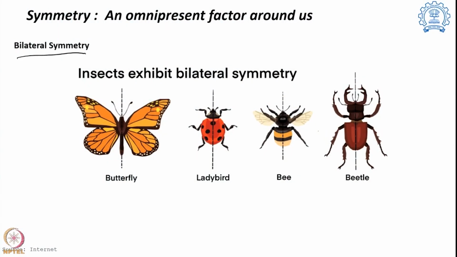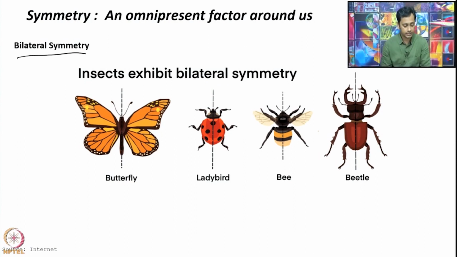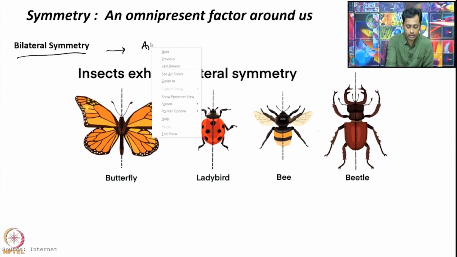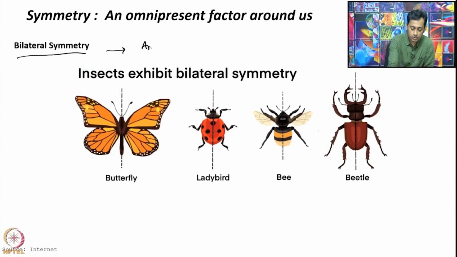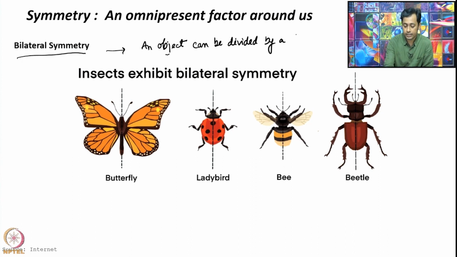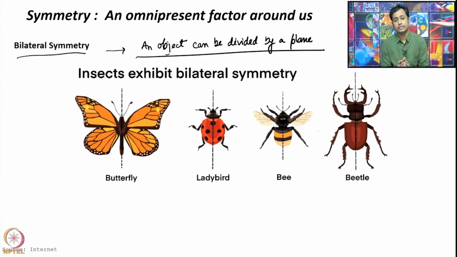So, first let us try with bilateral symmetry. Now if I want to define what is a bilateral symmetry, bilateral symmetry is a symmetry when an object can be divided by a plane, and on the other side of the plane we see the similar parts.